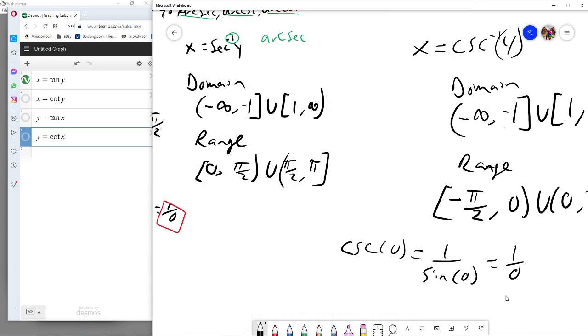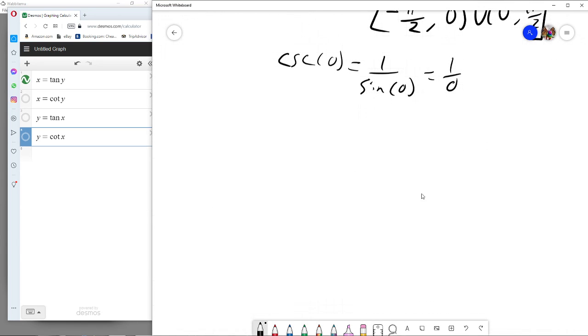For arccotangent, we're going to restrict the range in the following manner. Cotangent itself had a range of all real numbers, so the domain for arccotangent is all real numbers.